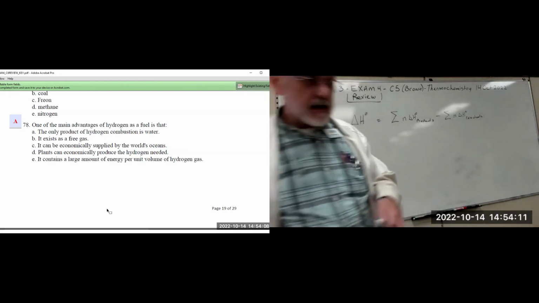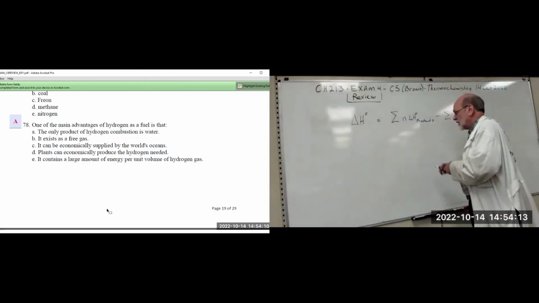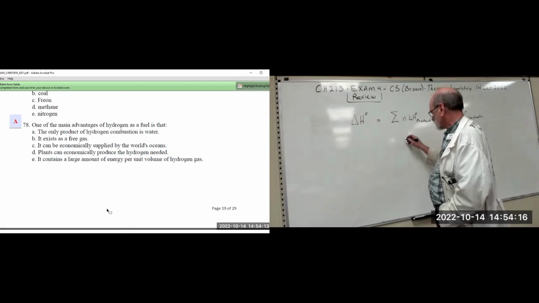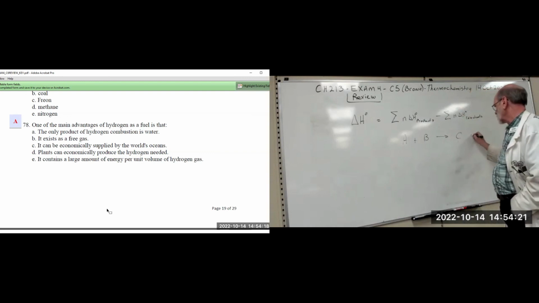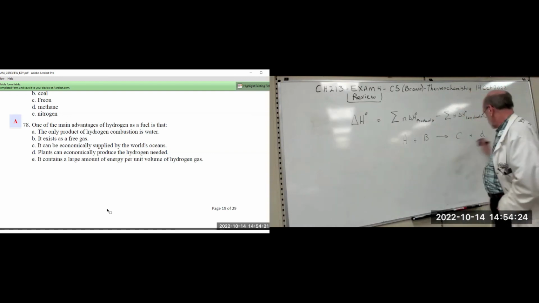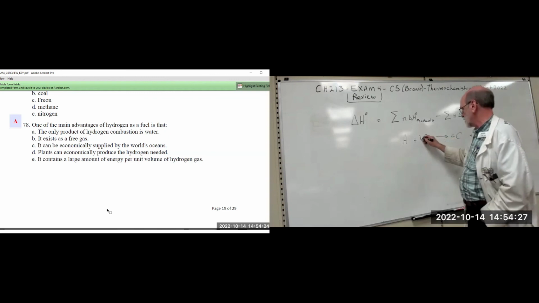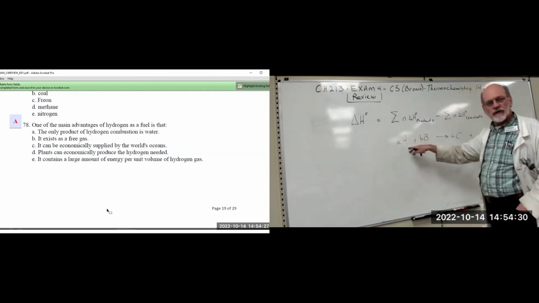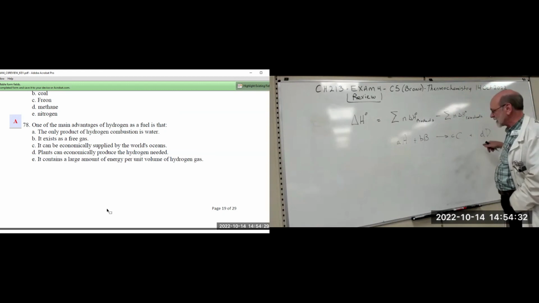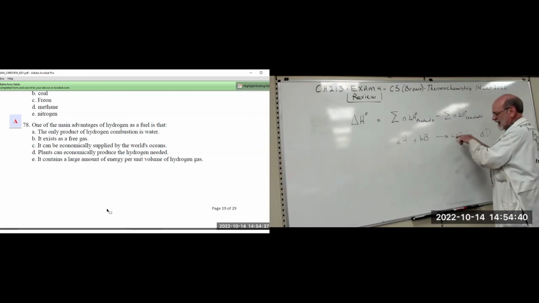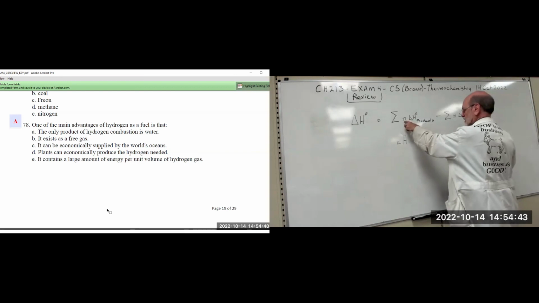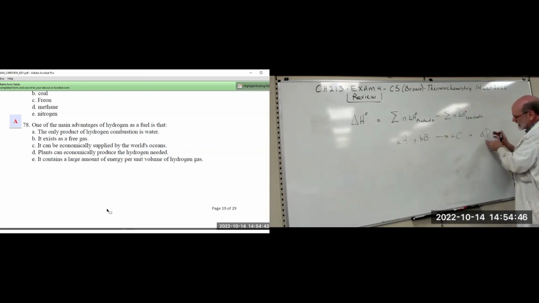Well, if you run across a question like that, I'm going to have to be general here. D, C, B, A. These are the coefficients, right? Little a, little b, little c, and little d. So you would take the heats of formation for C and multiply it by the little c. That's what this means. And then the heats of formation for D, multiply it by little d.